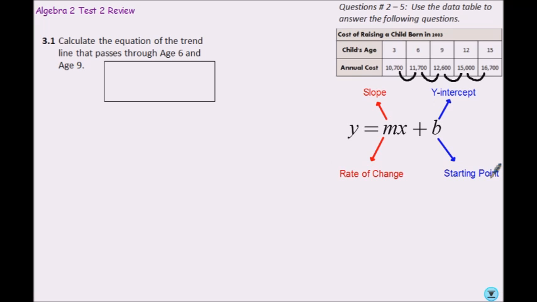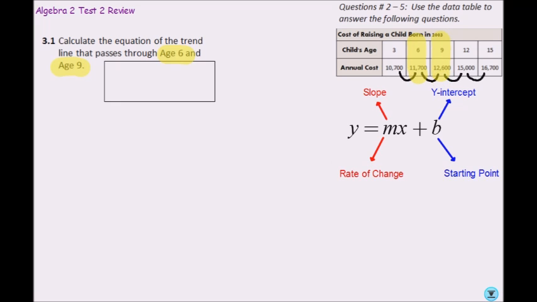All right. So how do we figure out the rate of change? Well, we've got to pick 2 points and figure out how it changes in between those 2 points. The problem actually tells us 2 points to use, just so we can keep the numbers clean and consistent. They say use age 6, which will be those numbers, and use age 9.